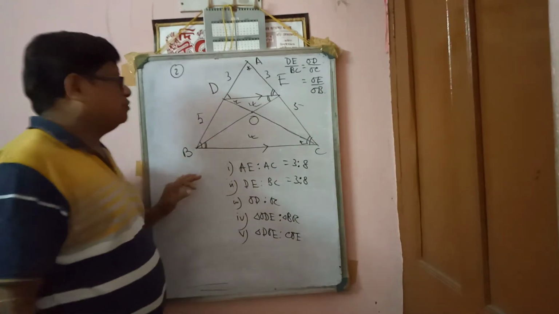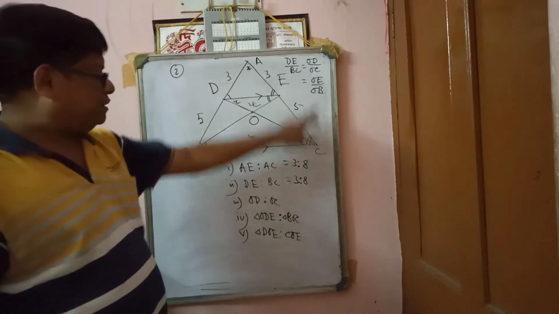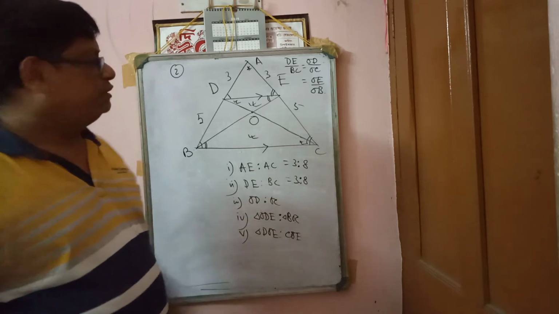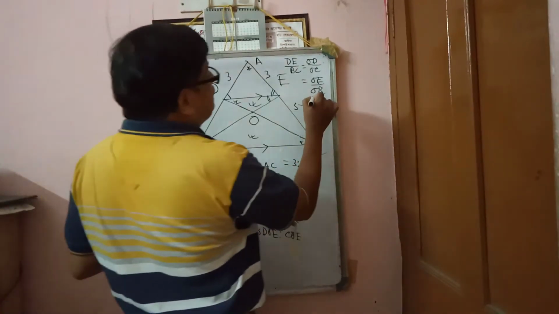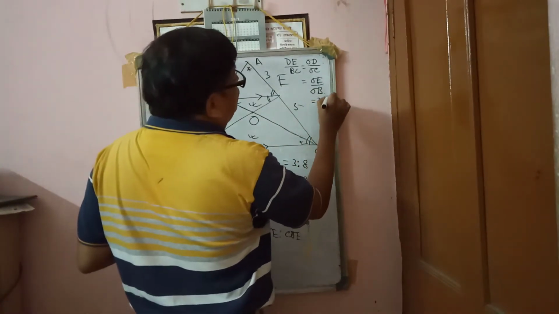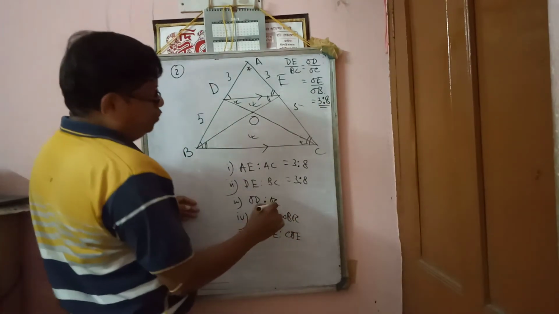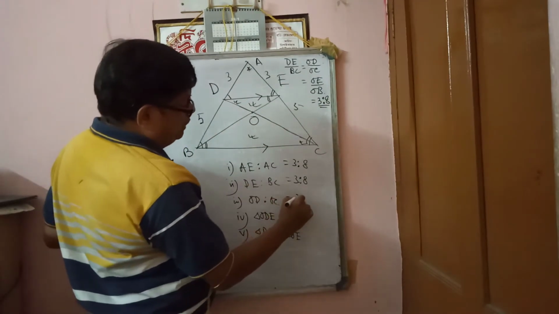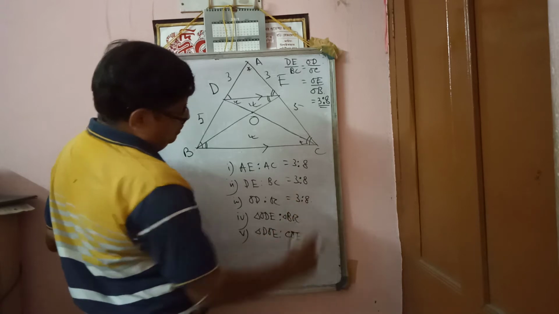Now we know DE by BC is 3 is to 8, so this is also 3 is to 8. So OD is to OC, we can write 3 is to 8.